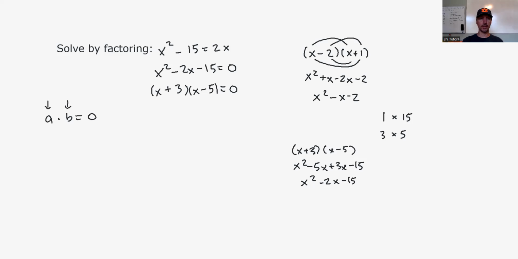So after factoring, we need to say that either the first term is equal to 0 or the second term is equal to 0. If x plus 3 is equal to 0, then x equals negative 3. If x minus 5 is equal to 0, then x equals 5.